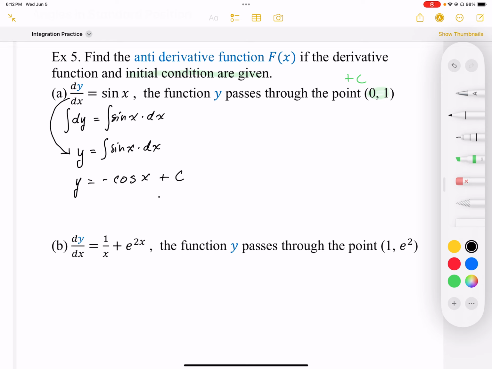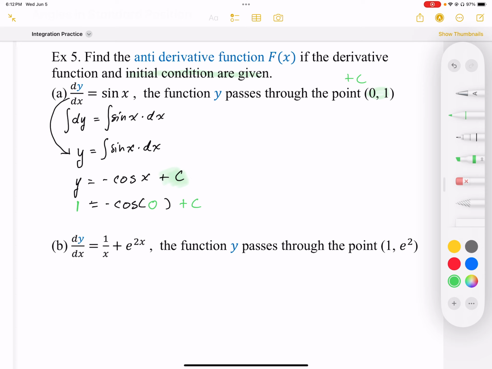And because we have an initial condition, the point (0, 1), I can actually solve for the plus c. This plus c is something I need to solve for, and I can do that by just plugging in. y is 1 equals negative cosine x, where I've been given x as 0, and then I'm solving for this plus c.